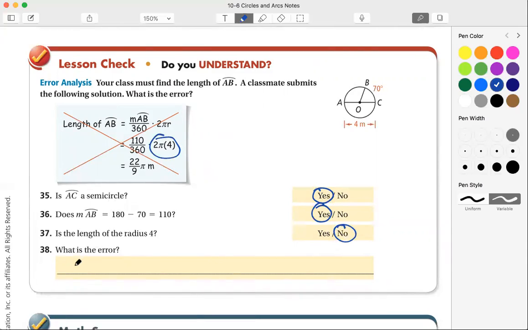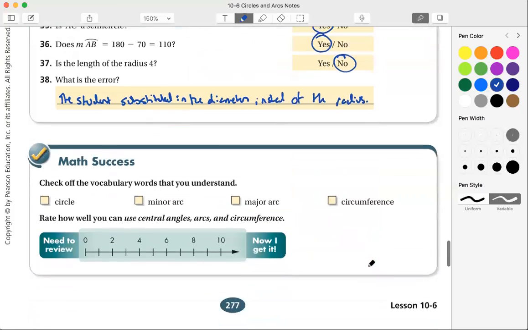The student substituted in the diameter instead of the radius. And that's the end of this section.